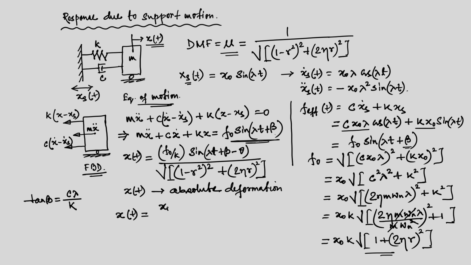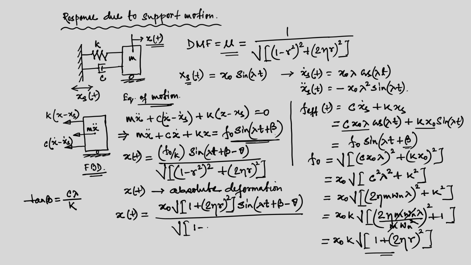So, we will have x naught, times square root of 1 plus (2 eta r) whole square, and then sin(lambda t + beta - theta), divided by square root of (1 - r square) whole square plus (2 eta r) whole square.